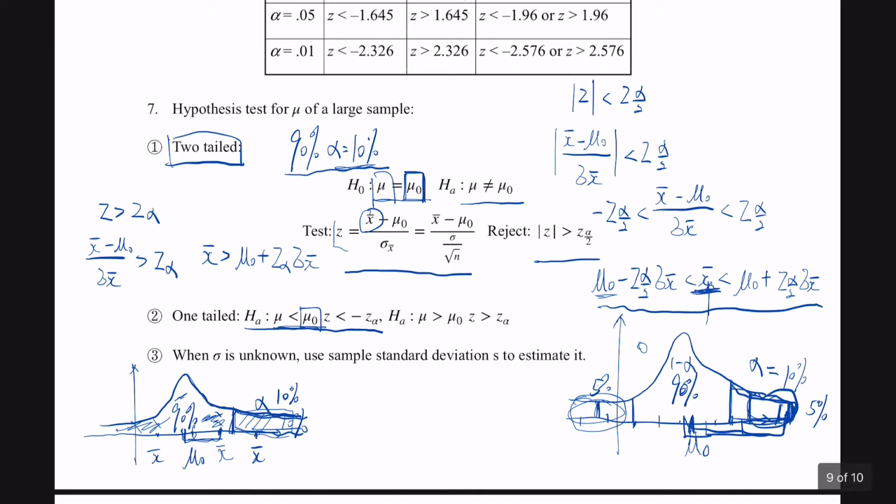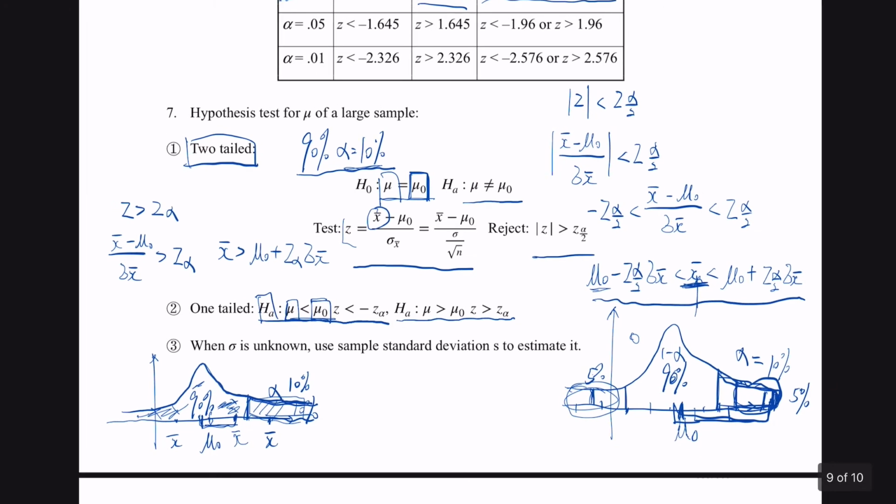You reject the null hypothesis, but now you accept the alternative hypothesis. So it means that the population mean should be smaller than your hypothetic value. And the reverse is true for this test. If you reject this, it means that the population mean should be bigger than your hypothetical value.